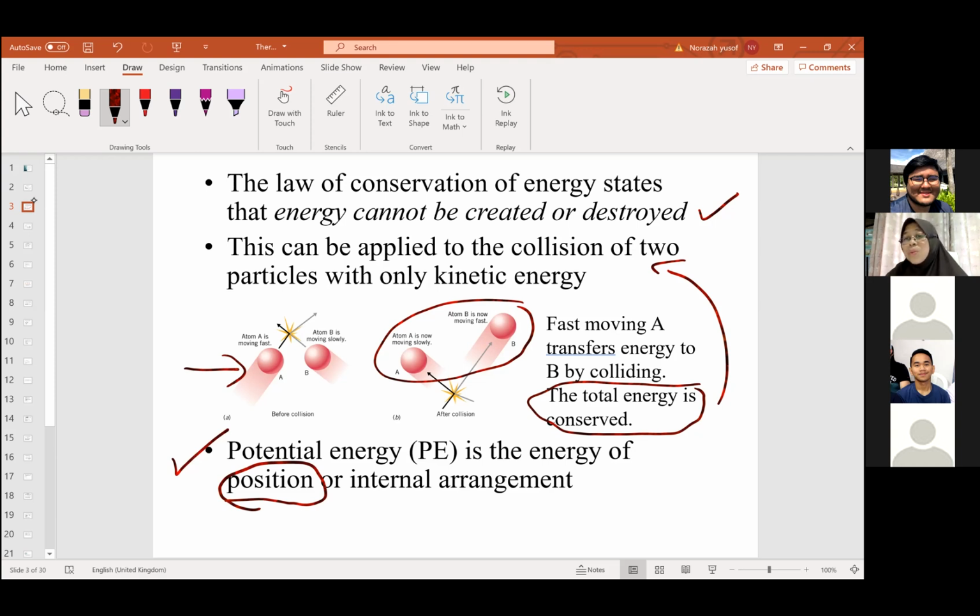We also have potential energy in terms of arrangement, for example the arrangement of atoms or electrons.